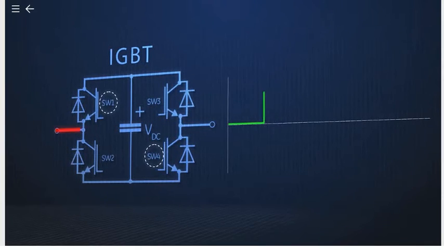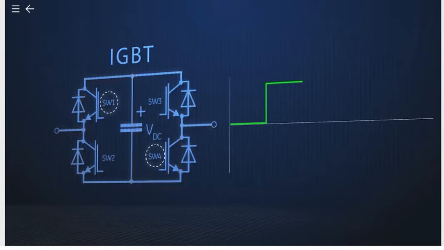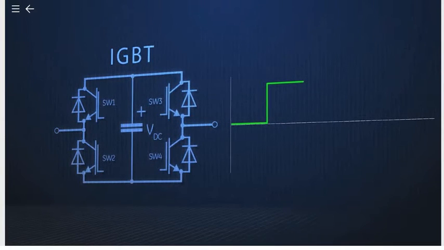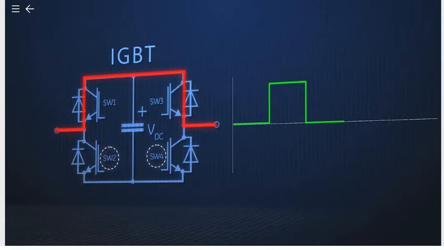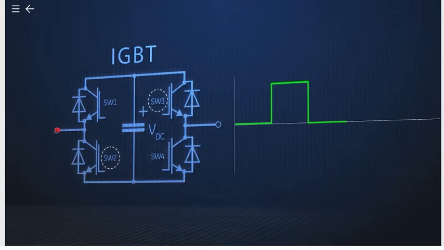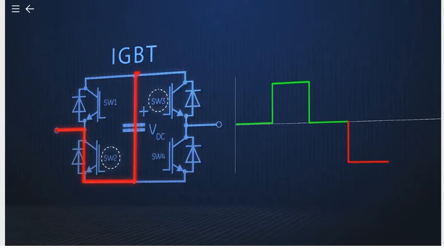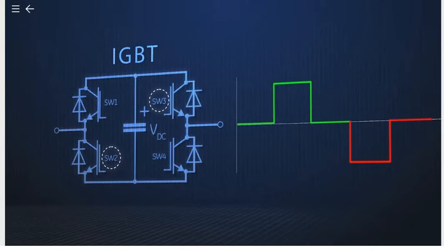Turning on IGBTs 1 and 4 results in a positive output from the submodule, creating a positive step in the waveform. Turning on 1 and 3 or 2 and 4, the submodule is bypassed and our output returns to 0. Turning on IGBTs 2 and 3 results in a negative output from the submodule and a negative step in the waveform.